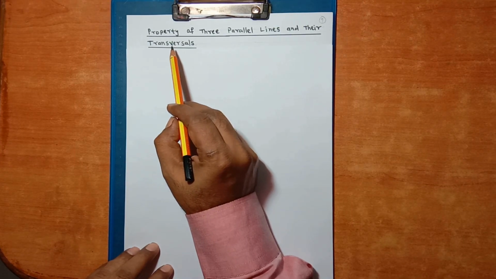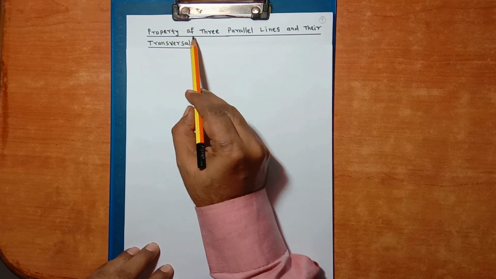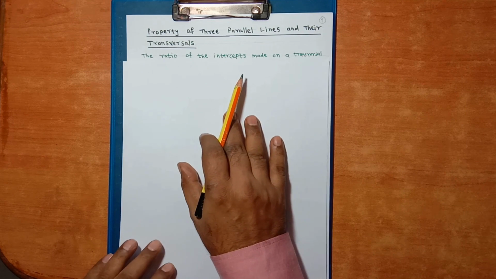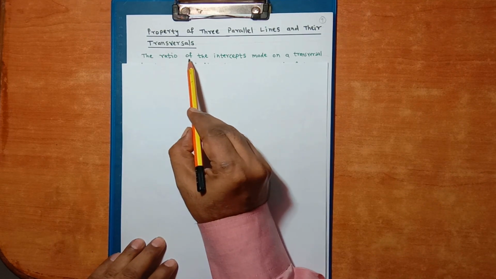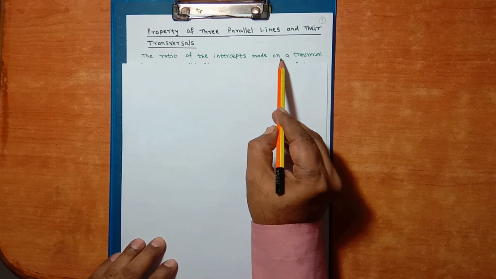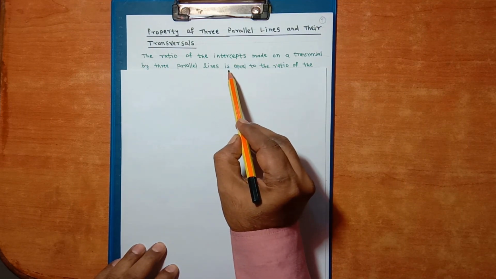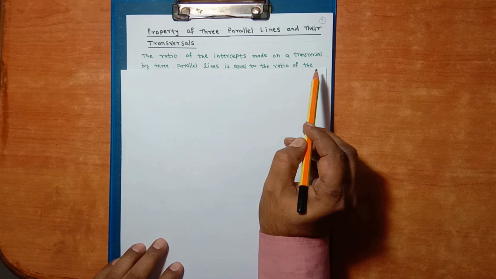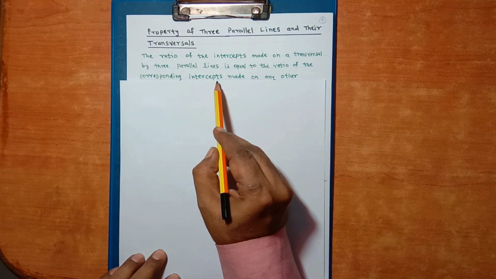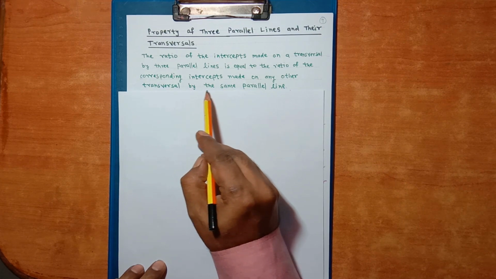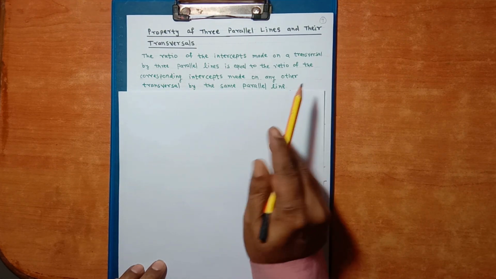Now let us study one property, that is property of three parallel lines and their transversals. The ratio of the intercepts made on a transversal by three parallel lines is equal to the ratio of the corresponding intercepts made on any other transversal by the same parallel lines.